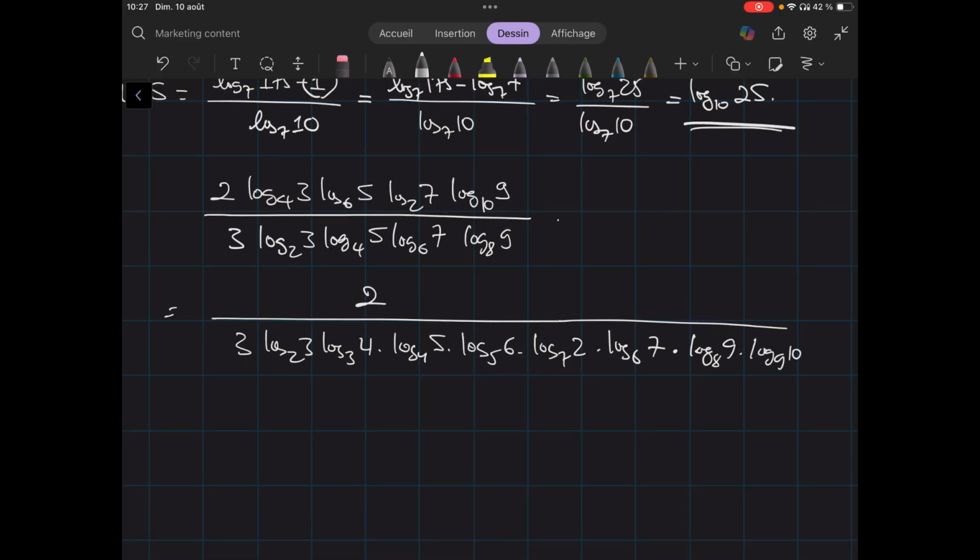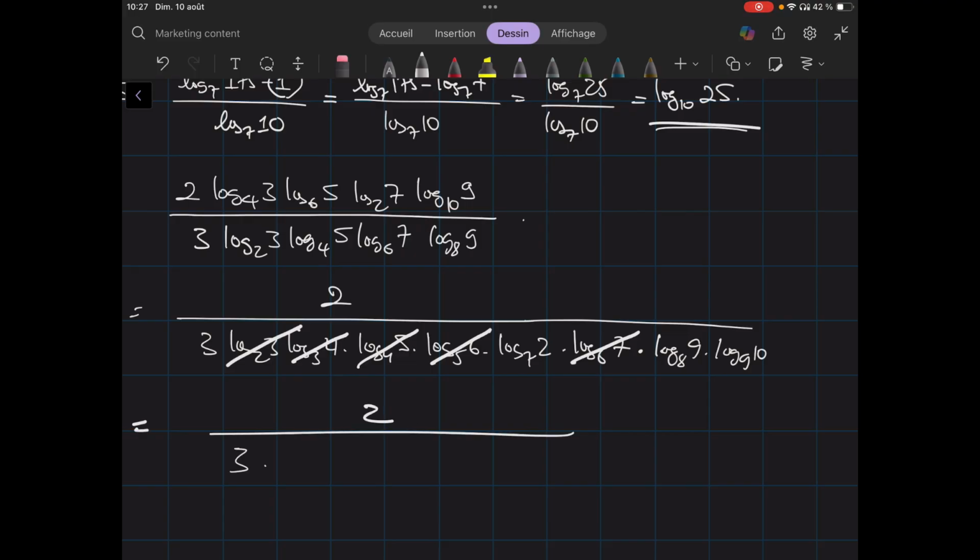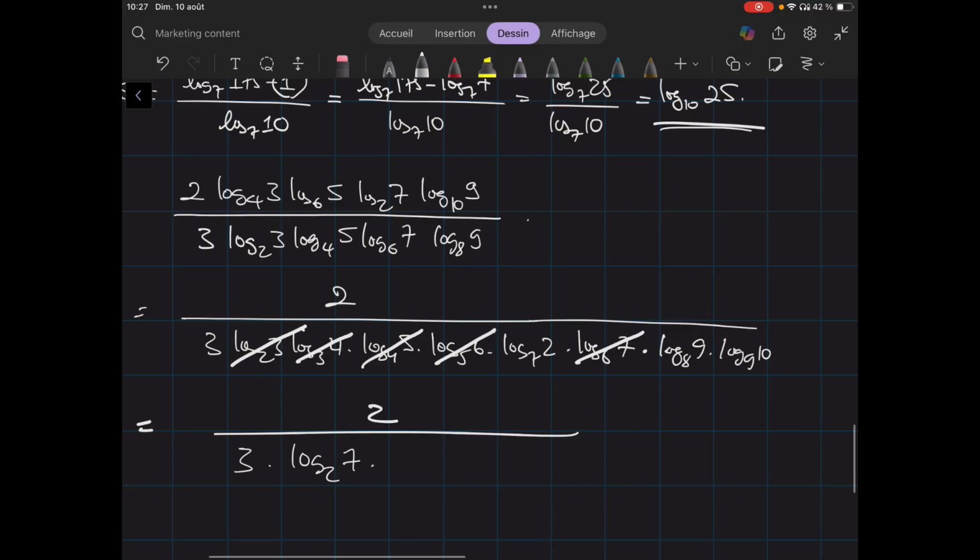And the reason I'm doing this is because they start canceling out very nicely. Log base 2 of 3 times log base 3 of 4 times log base 4 of 5 times log base 5 of 6 times log base 6 of 7. All of that is log base 2 of 7 times log base 7 of 2.